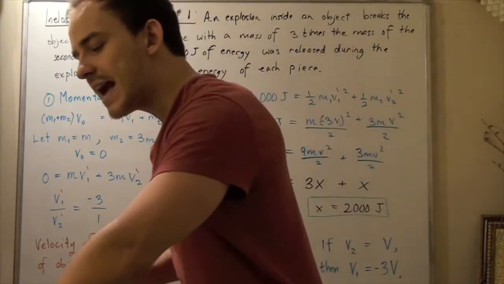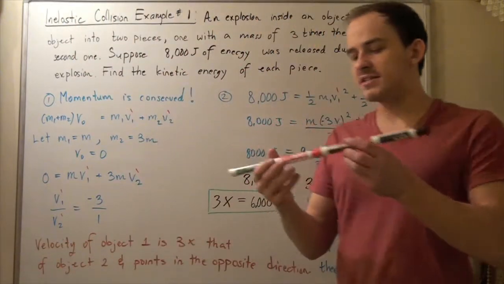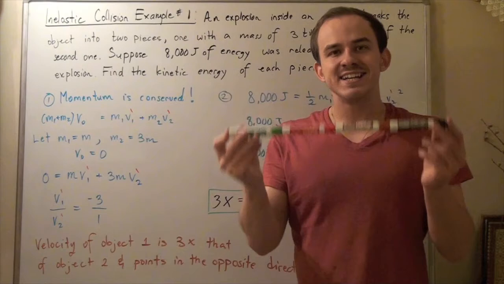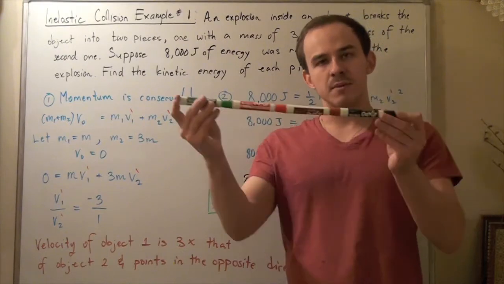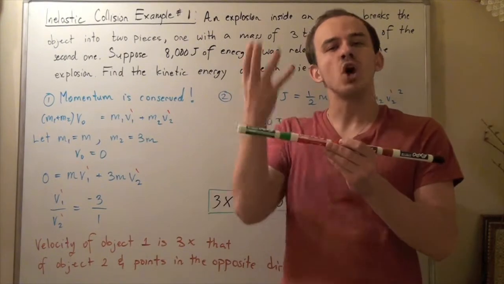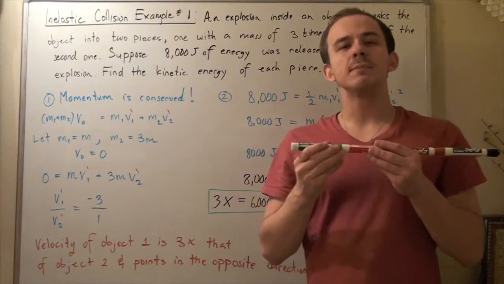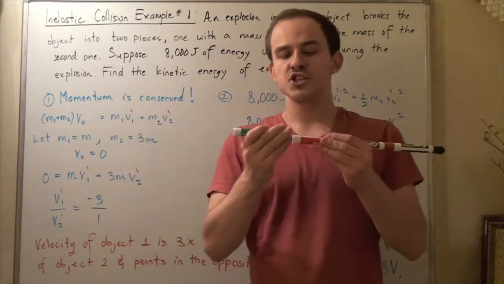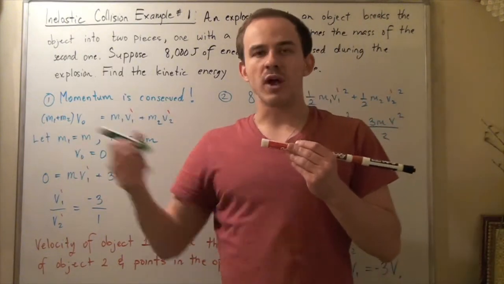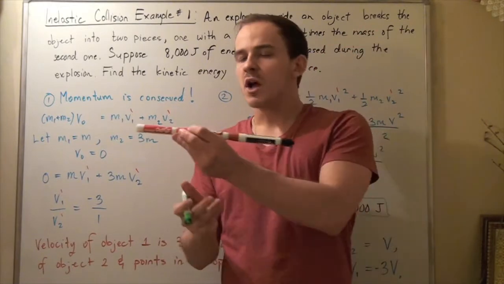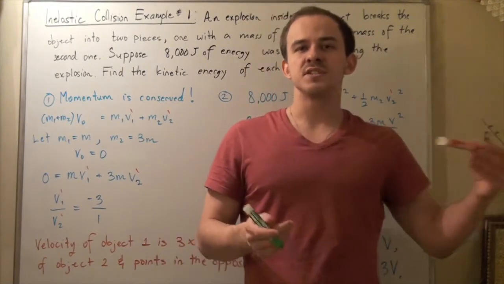So let's see exactly what happens with this object. Suppose our initial object of some mass m is right here, and an explosion takes place, and the object splits into two pieces. One object goes in this direction, the second object goes along the x-axis in the opposite direction.